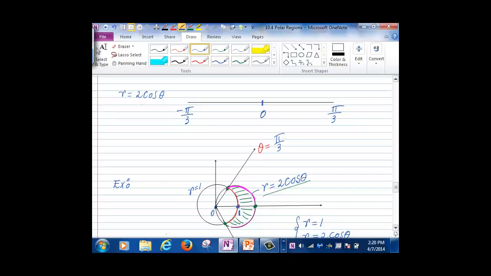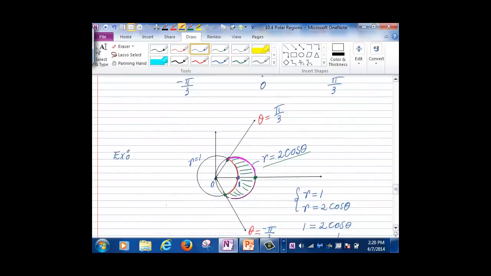Is the cosine function increasing or decreasing from negative pi over 3 to 0? Increasing. r is increasing here and decreasing here. What's the value of r here? 2. Here? 1. And here? 1. So it starts at 1 and increases up to 2, which makes sense. Then as it goes from 0 to pi over 3, it's tracing out the other half. Everybody's clear?